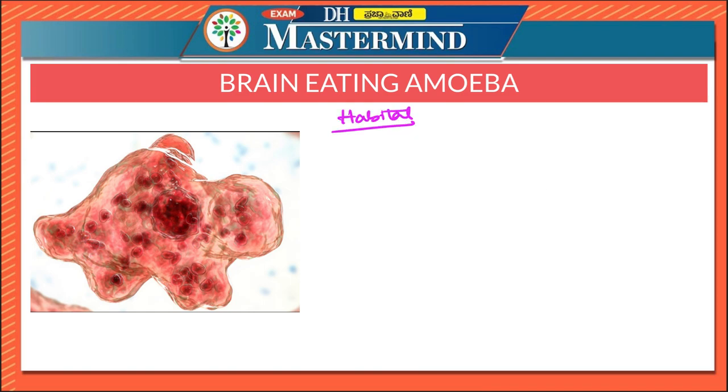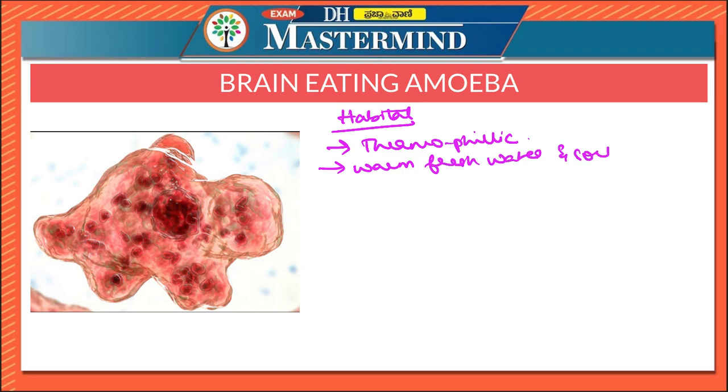Now let's look at the habitat of Naegleria fowleri. Naegleria fowleri is usually heat-loving, or thermophilic. Please remember, thermophilic. Thermo means heat, philic means loving. It thrives in warm fresh water and soil around the world.